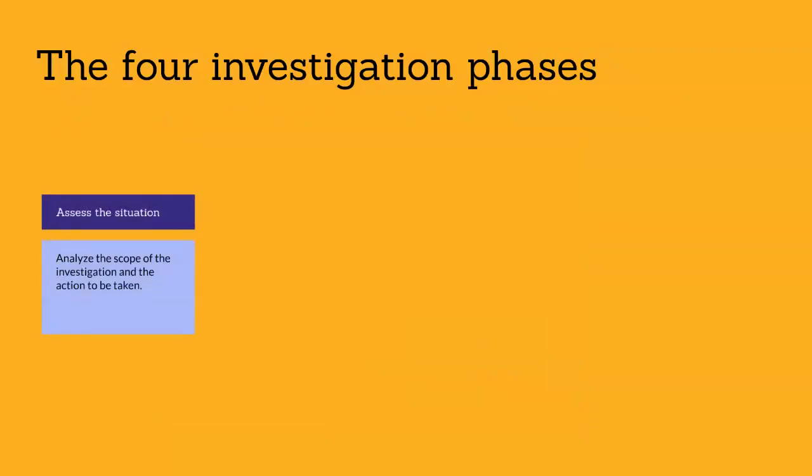The first phase is assess the situation: analyze the scope of the investigation and the action to be taken. The second phase is acquire the data: gather, protect, and preserve the original evidence.